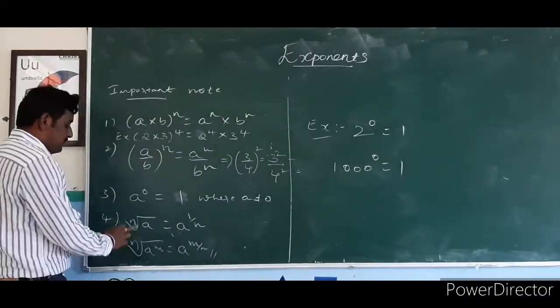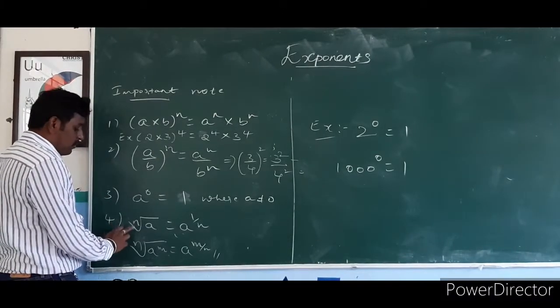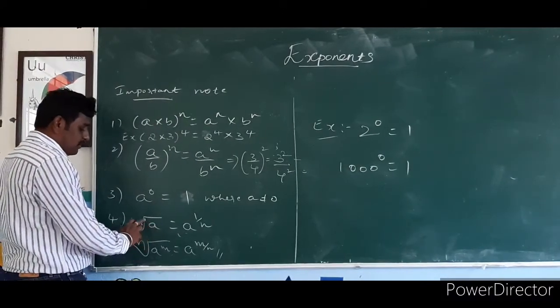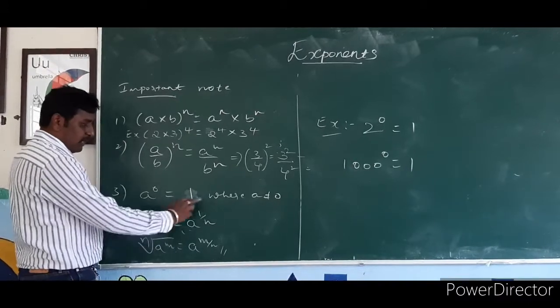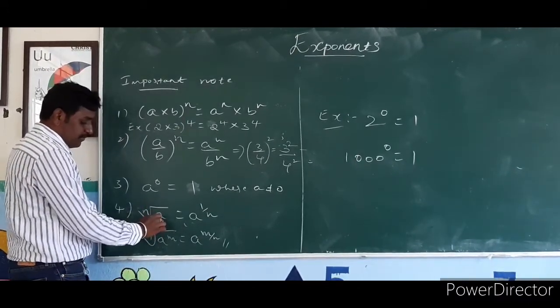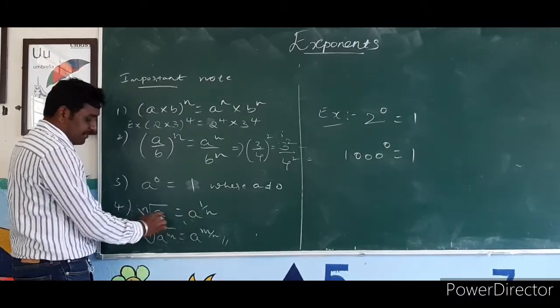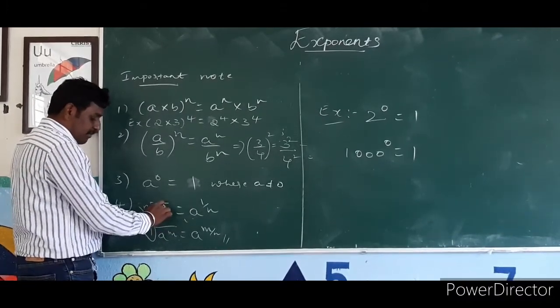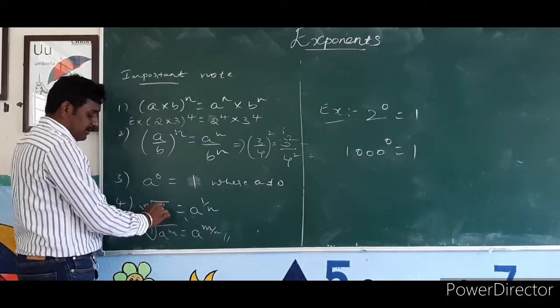Next, the nth root of a is given. When a root is given, we have to convert it to exponential form. Inside the root, what is there you can consider as the base. Check the power of that base inside the root.